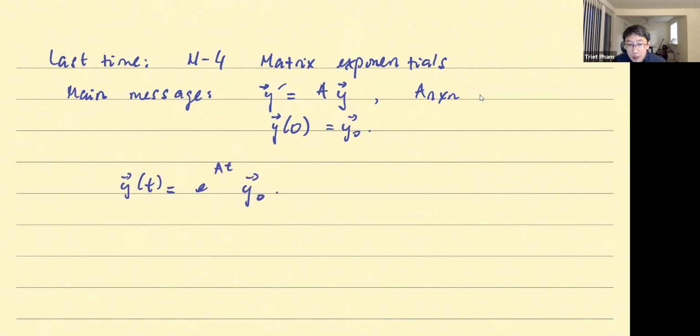This is the beauty of the result from a mathematical point of view, because it gives you one way to represent the solution.